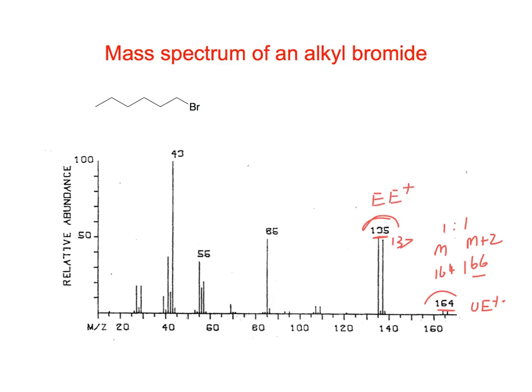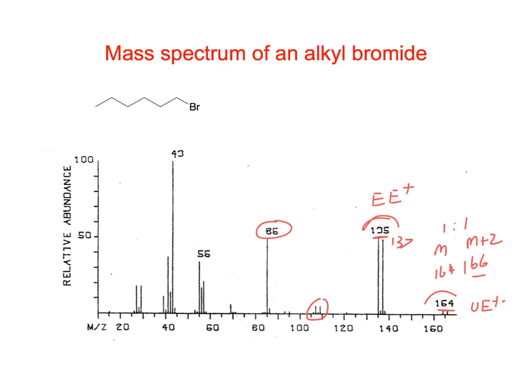All right, and we have no nitrogens to mess this up. So we can tell that in 135 and 137, the bromine is still present in that ion. But once we get down to 85, then we've lost the bromine.